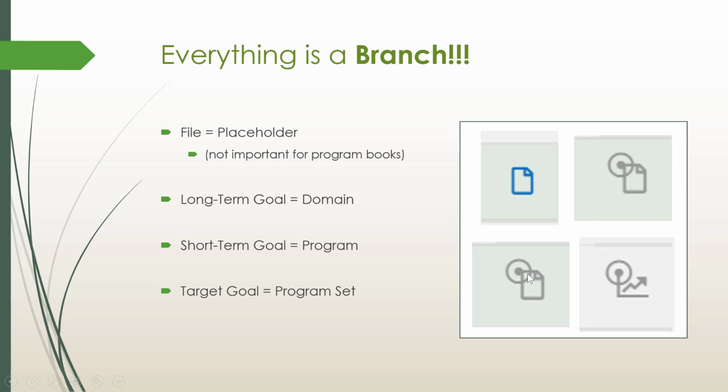The short-term goal also has a target and a document, and that is considered the program level. Again, that's where you're going to find the program template and the narrative. Then you're going to have the final level, which is the target, or the program set, and that's going to look like this over here with a graph going upward.